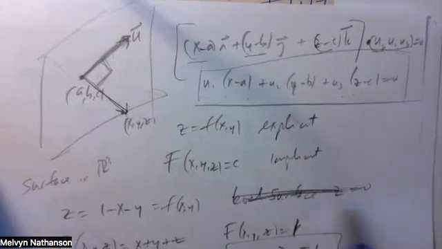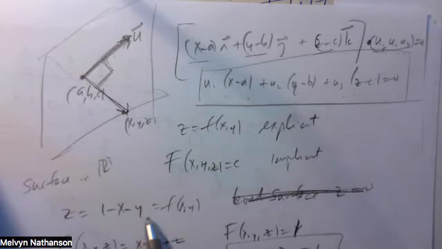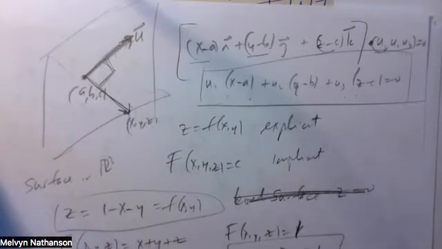Sorry, here I don't mean the level surface. I mean, if z is 1 minus x minus y, the graph of this is a surface. Or if we look at x plus y plus z, the level surface where it equals 1 is exactly the graph of this function.